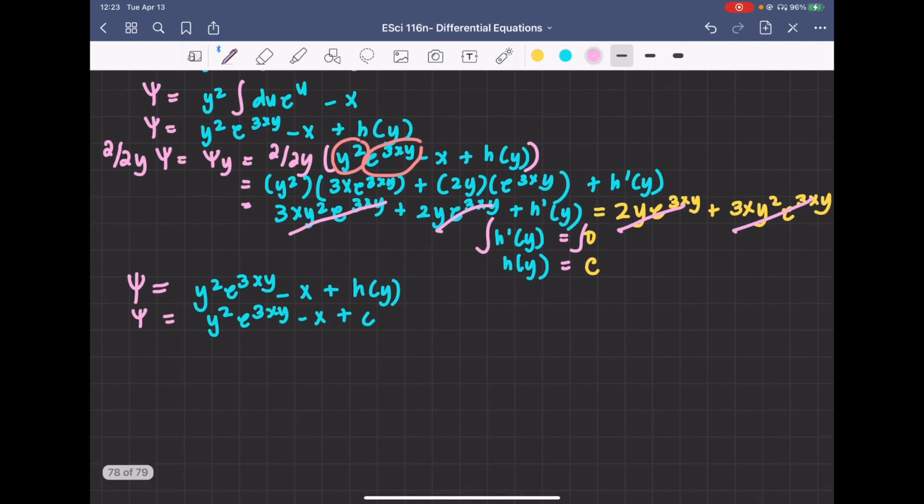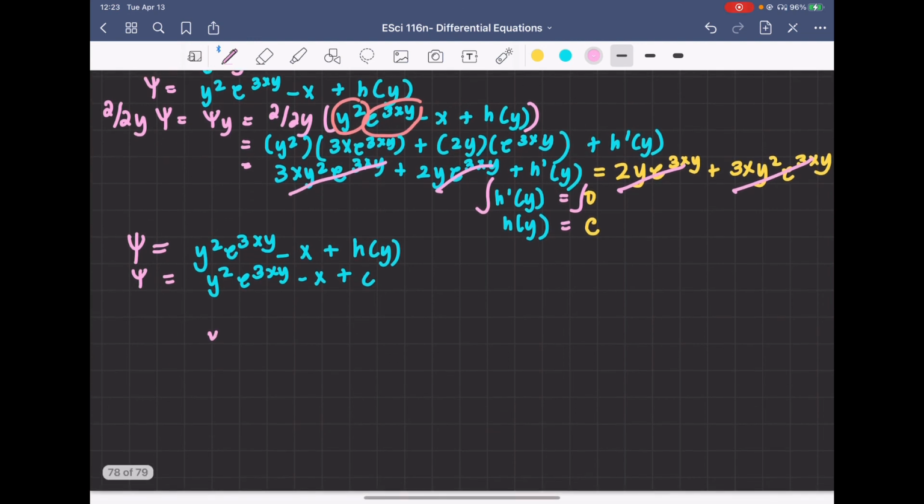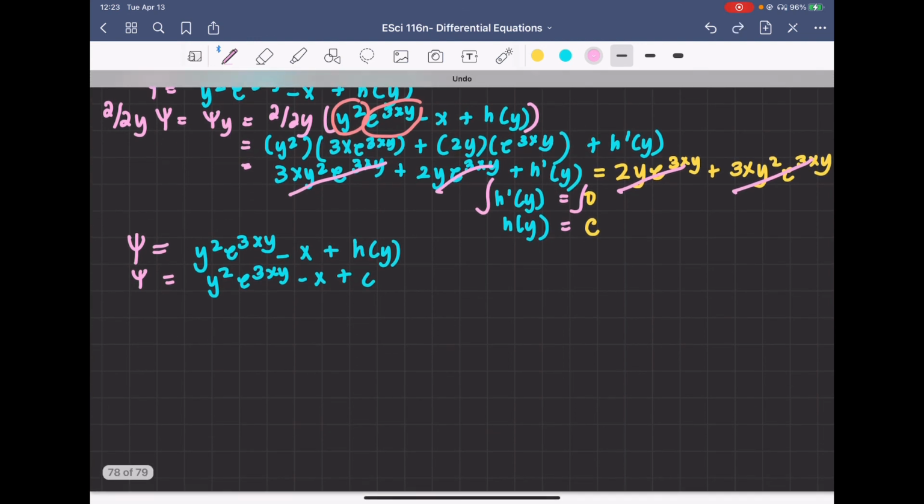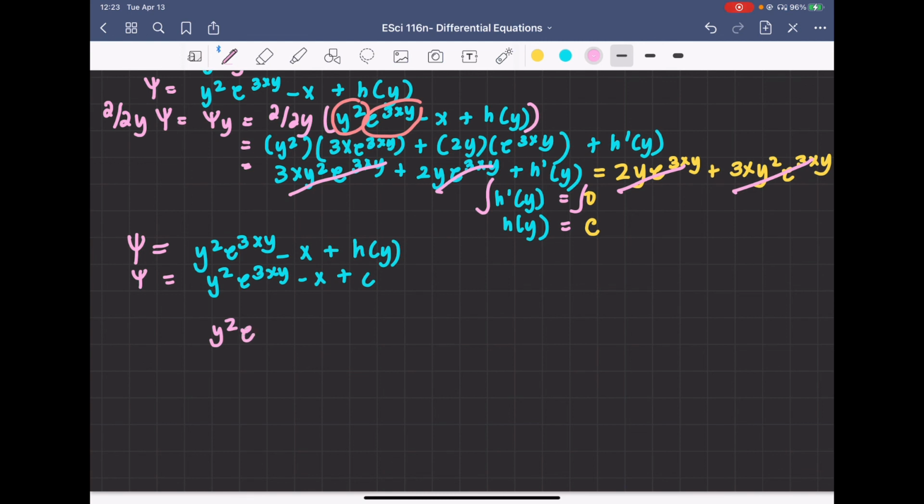Therefore, our final answer is y squared times e to the 3xy minus x is equal to c. And this is our final answer.